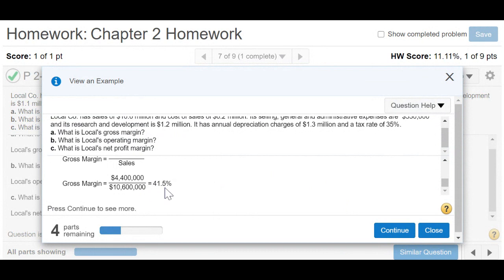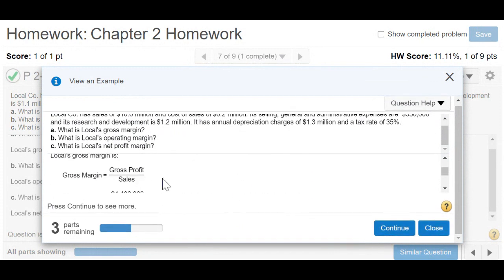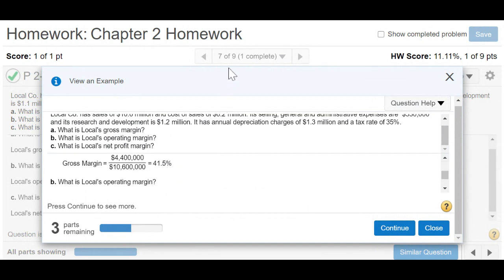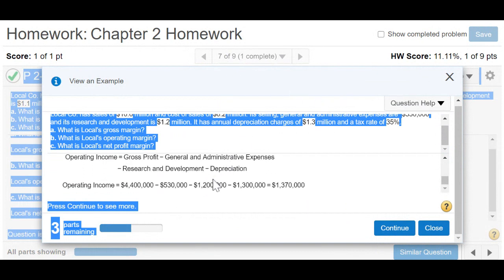Divided by sales, then we get the gross margin, 41.5. Then we take the 4.8 that we got. We subtract all these numbers out of there.